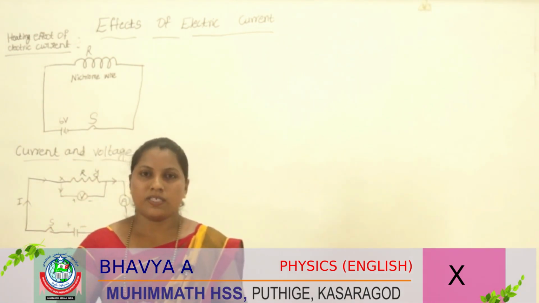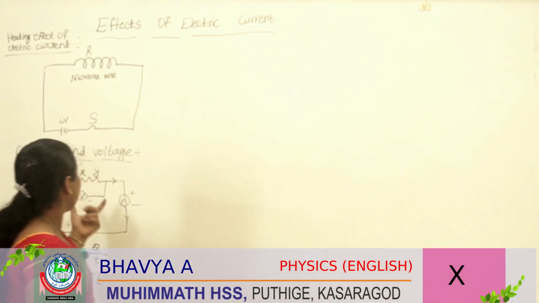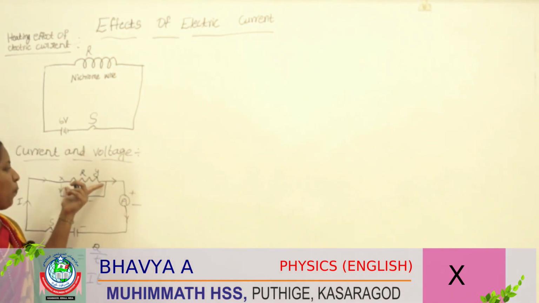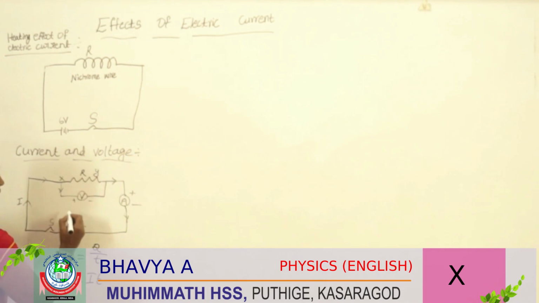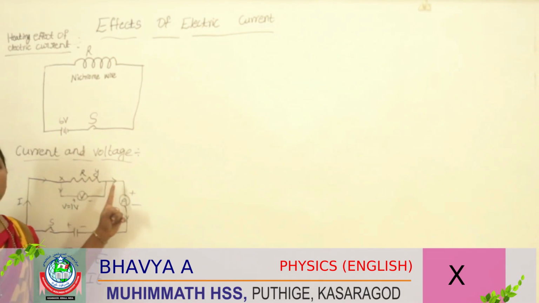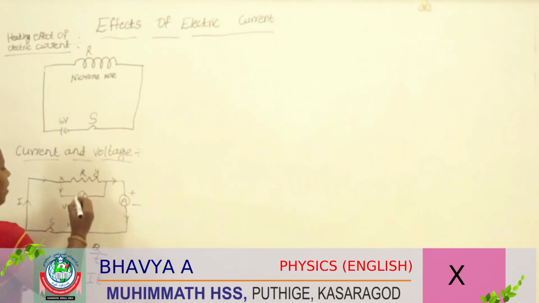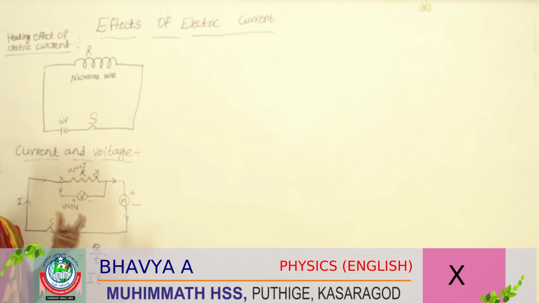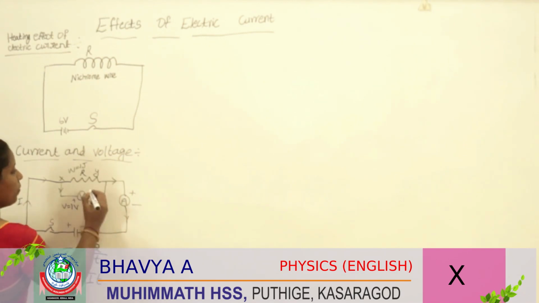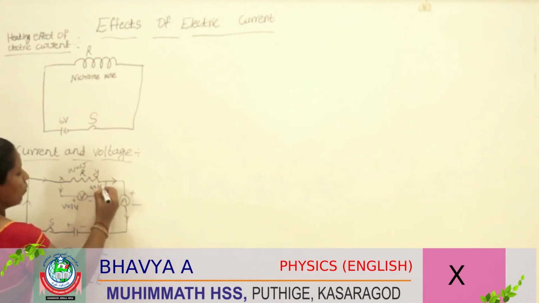Next, what is potential difference? What is voltage? Potential difference or voltage. See here, if the potential difference between these 2 points is 1 volt, how much? 1 volt means 1 joule of work done when 1 coulomb of charge moves from 1 point to another. When charge flows from one point to another point, there 1 joule of work, W is equal to 1 joule, is done on 1 coulomb of charge, charge Q is equal to 1 coulomb.